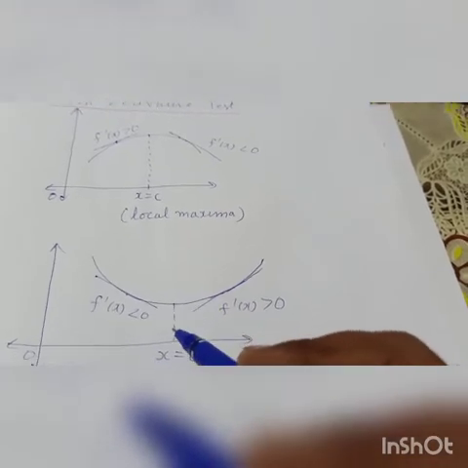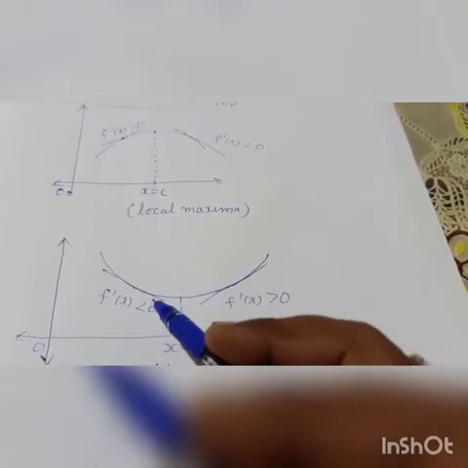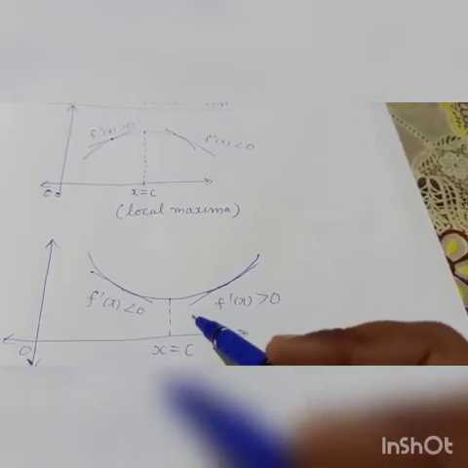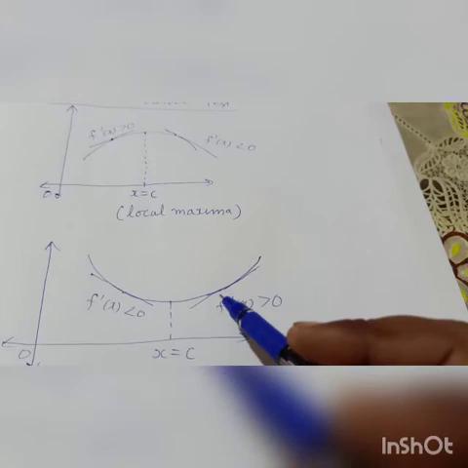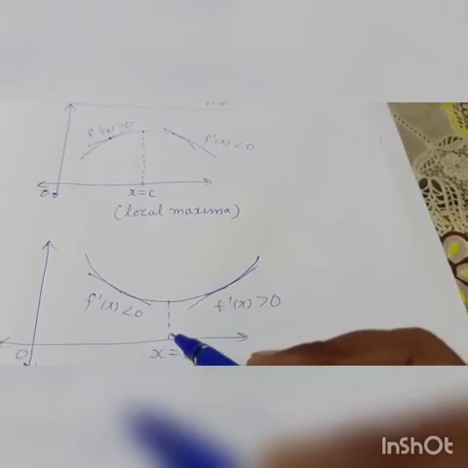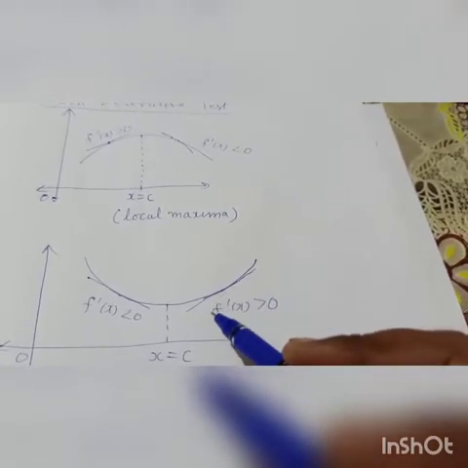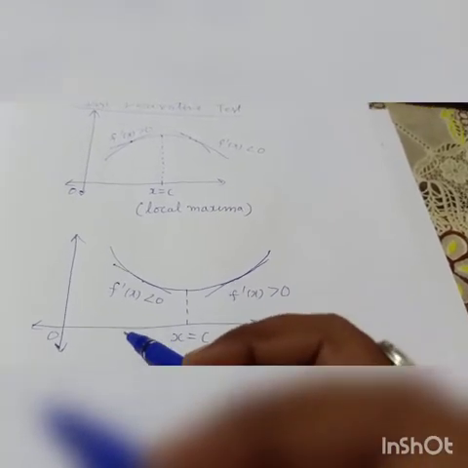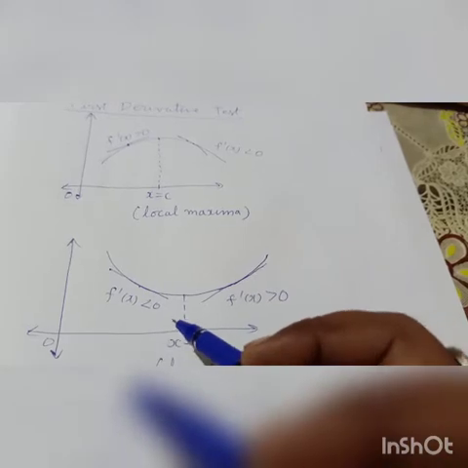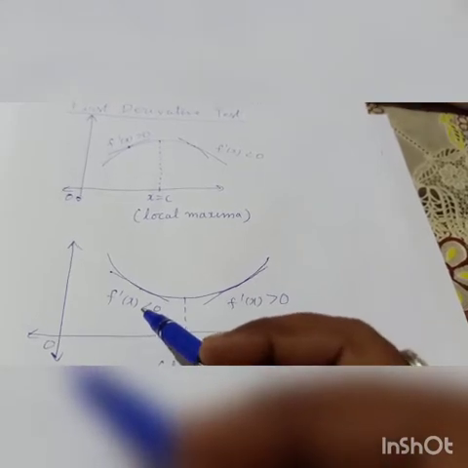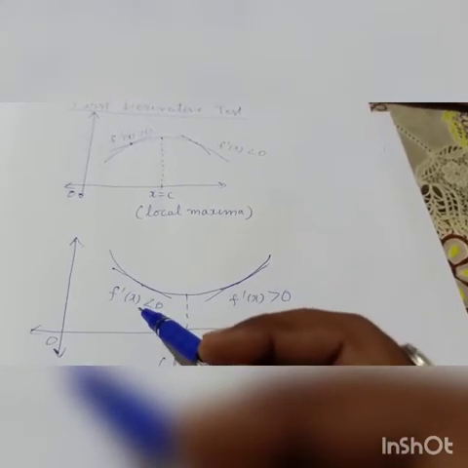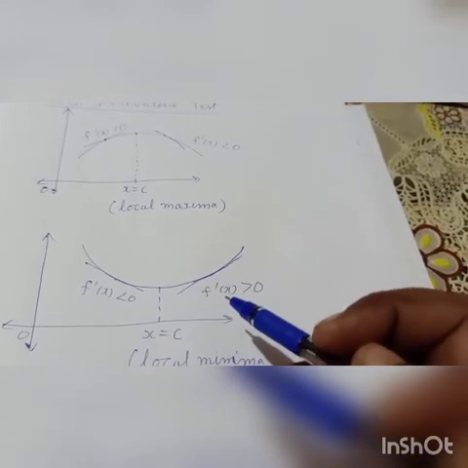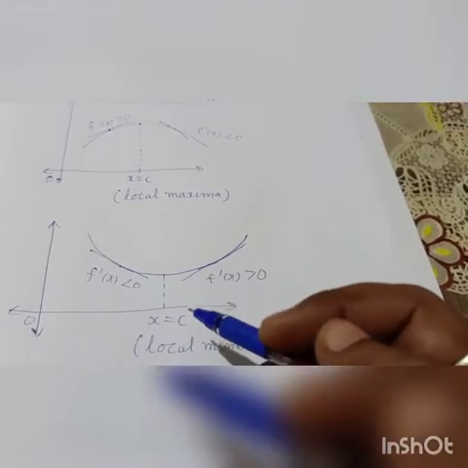You can see that to the left of x equal to c, the slope of the tangent is negative, while on the right side of x equal to c, the slope of the tangent is positive. So if we pass through x equal to c, the sign of f'(x) changes from negative to positive. So in this case we get the local minima.